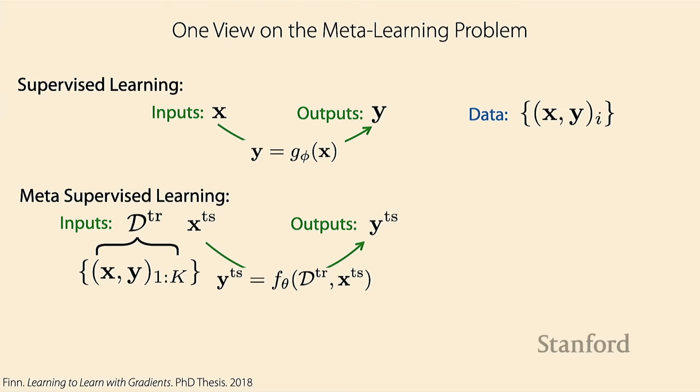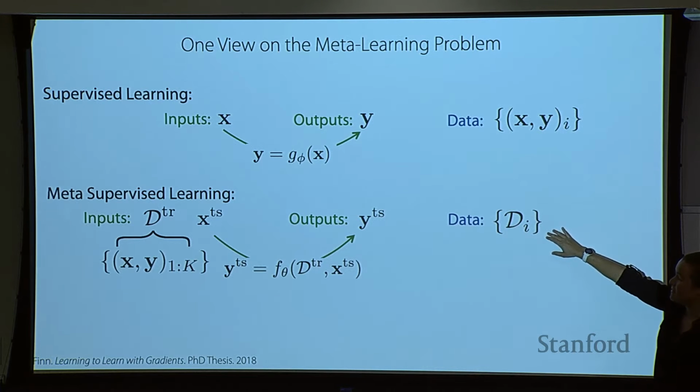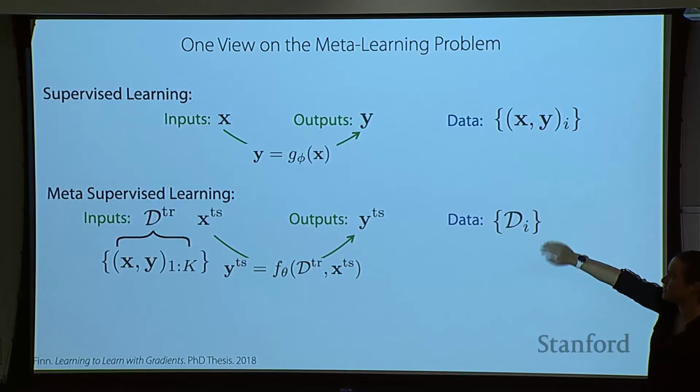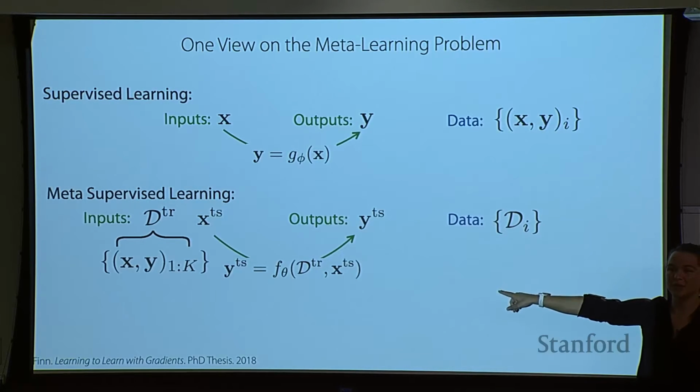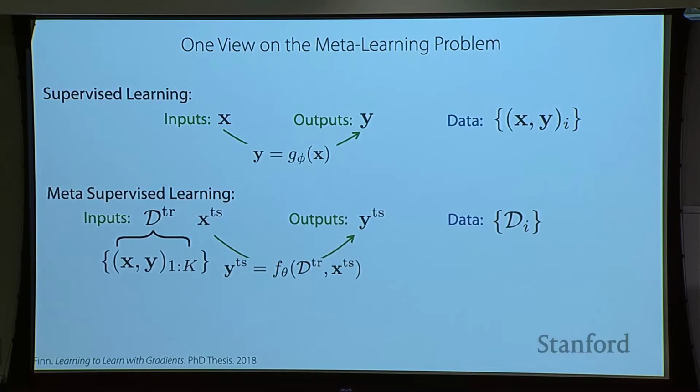Now, how do we go about learning this kind of function? Well, instead of having a data set of input-output pairs, we're going to have a data set of data sets. And each of these data sets has to have more than k examples, so that you can sample k examples to be used for the training data set, and at least one example to be used for the test set.